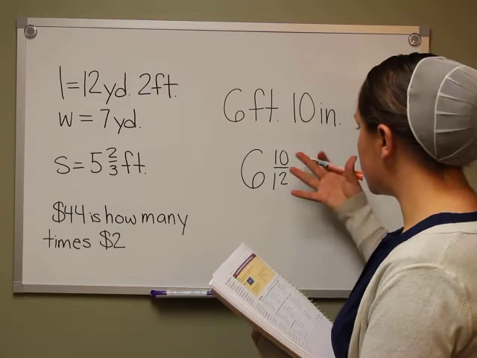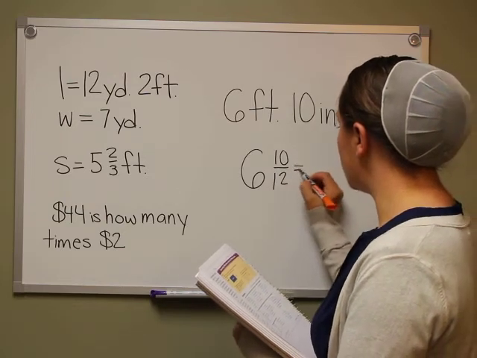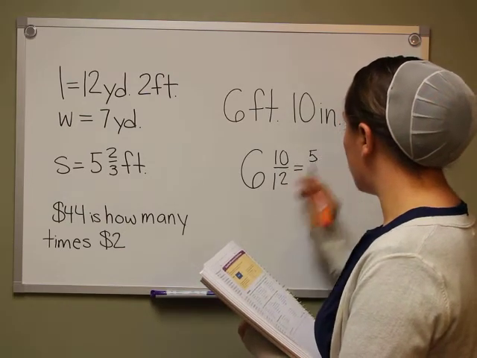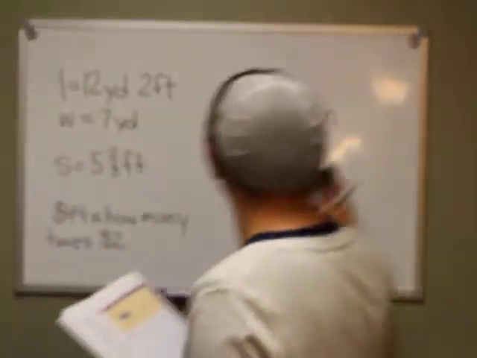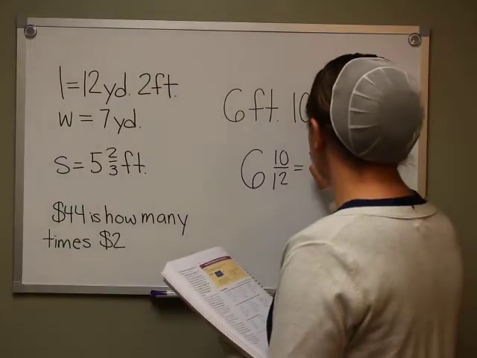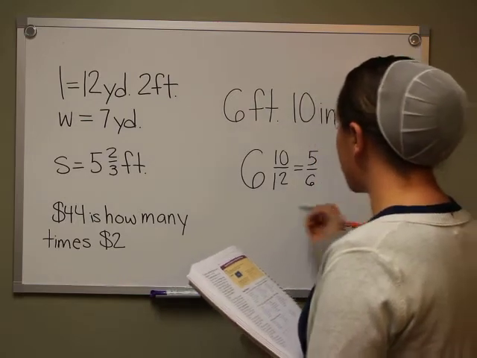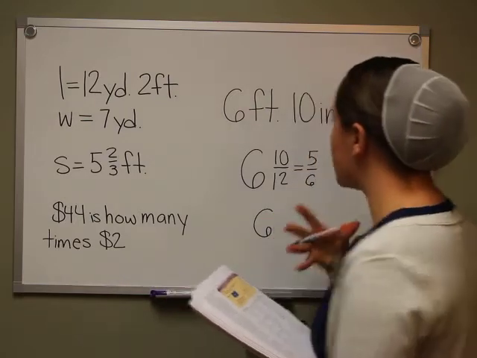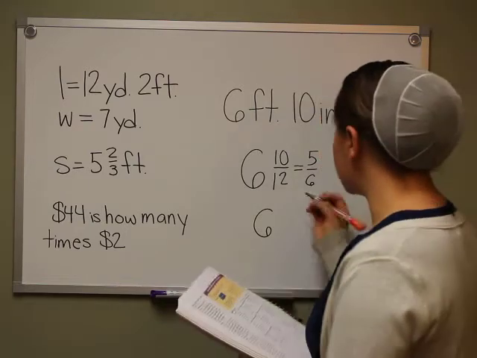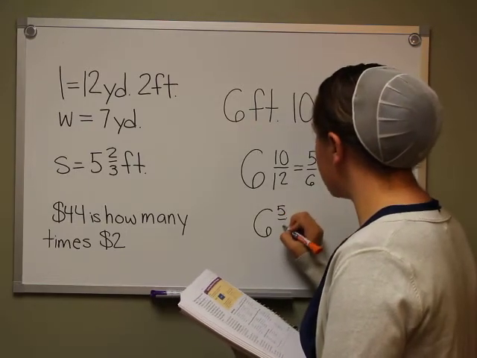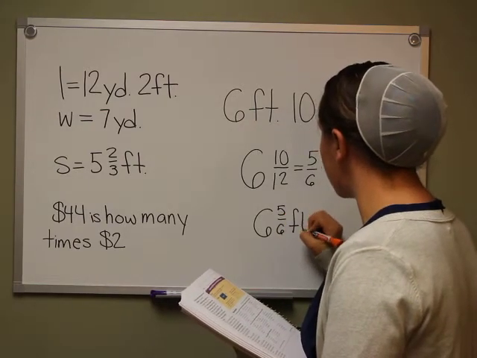We would have to reduce 10 over 12 to 5 over 6. So our answer here, how tall he would be in feet, would be 6 and 5/6 feet. Let me just go over that again.